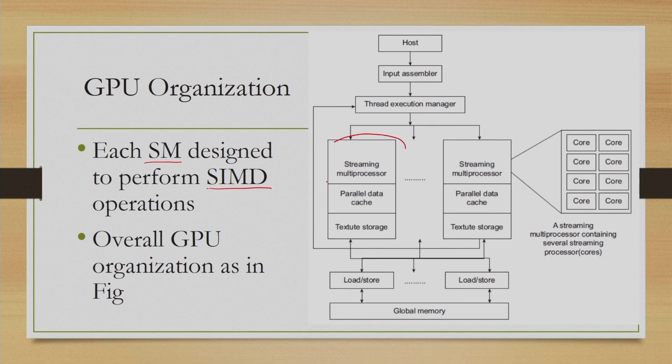So, we have many such streaming multiprocessors as shown here. Then we have some specialized memory, purpose of which will be explained to you shortly, and other components to manage this parallel processing.